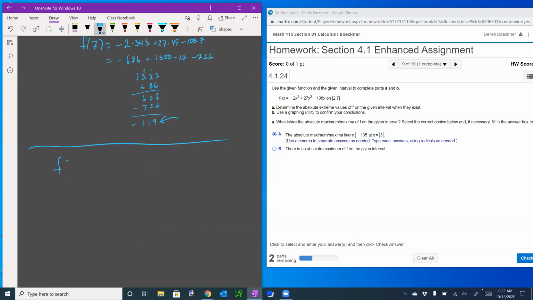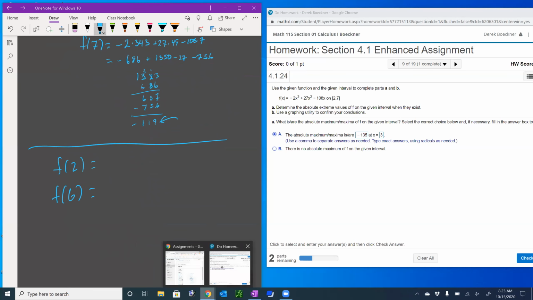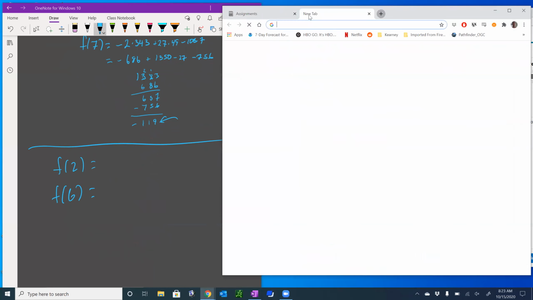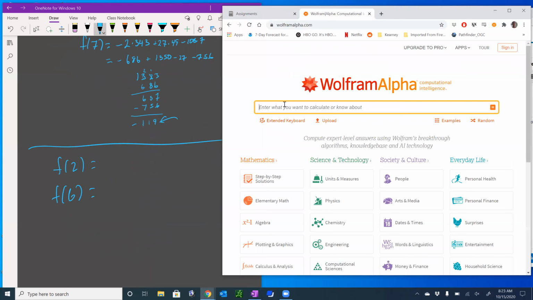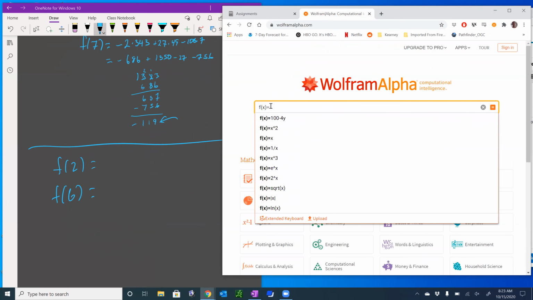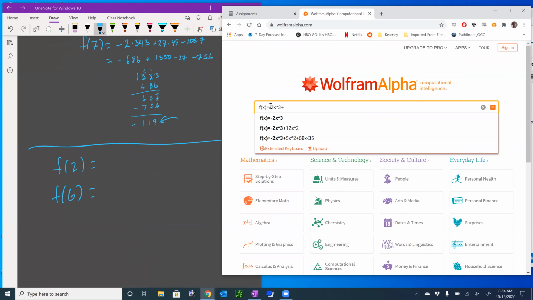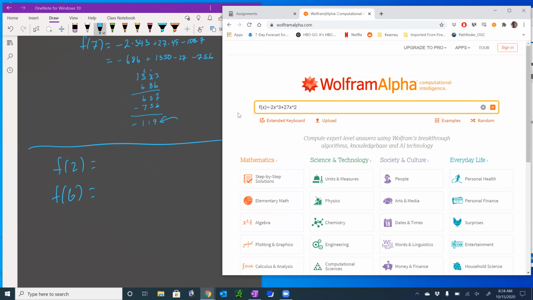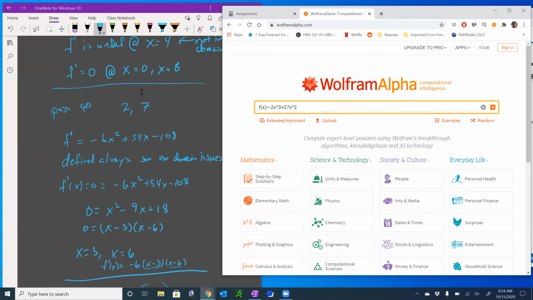Okay, so at 2 and at 6, we're just going to use a calculator this time. I didn't even put it in the right function because it's 54, isn't it?